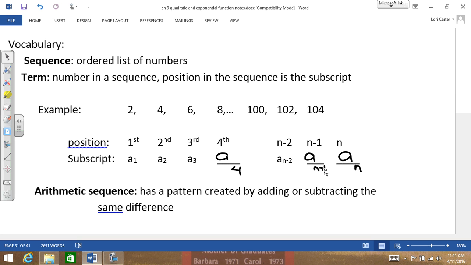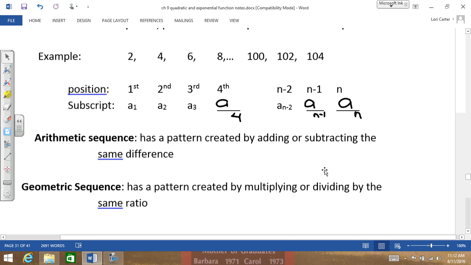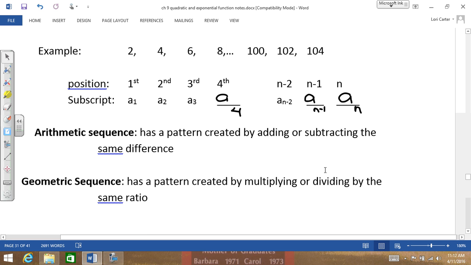All right. Geometric is a parabola? Come on. It's multiplying or dividing by the same ratio. The swooshy one. Exponential. And they are growth or decay. So arithmetic, same difference.